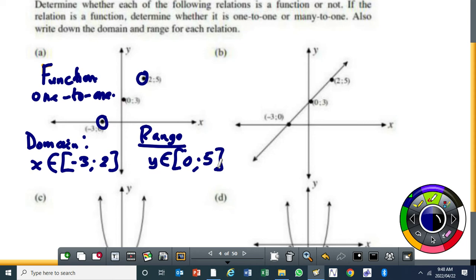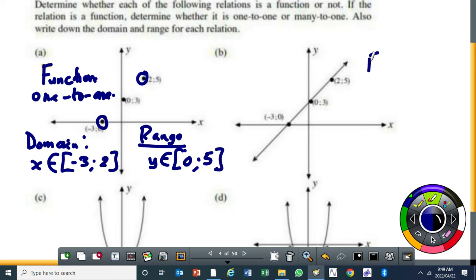The points on B are the same as the points on A, so everything we wrote for A also applies to B. But the difference comes with the range and the domain. They are not the same as here, because we don't have a specific minimum value and a specific maximum value.